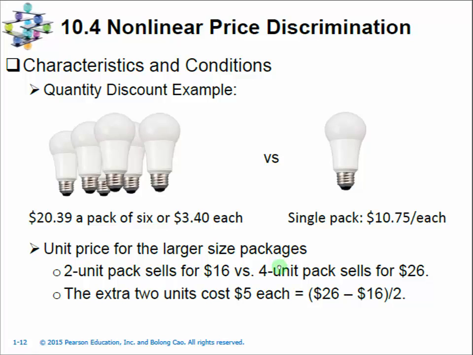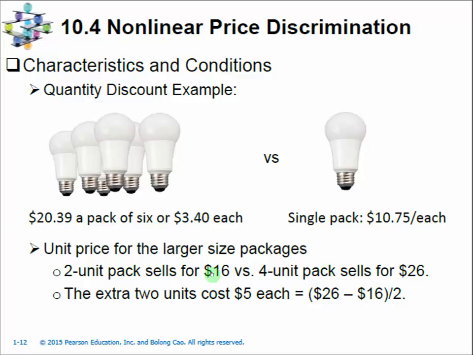What does it cost? If you use $26 minus $16, you get $10. So if you switch from the 2-unit package to the 4-unit package, you will pay another $10, and what you get is 2 more units. So each of those units actually costs $5.